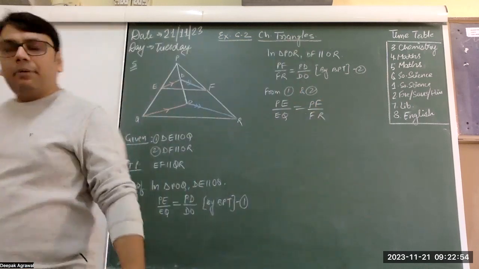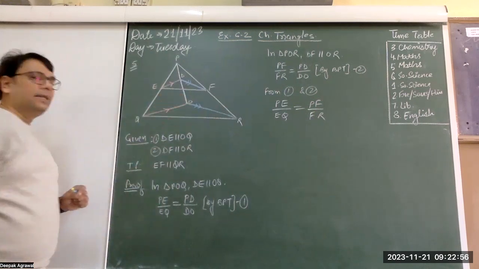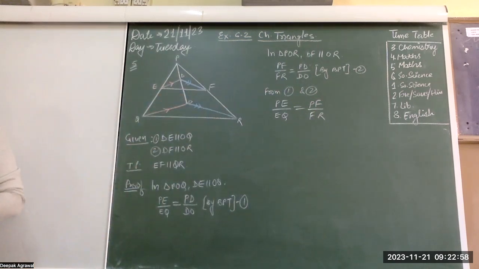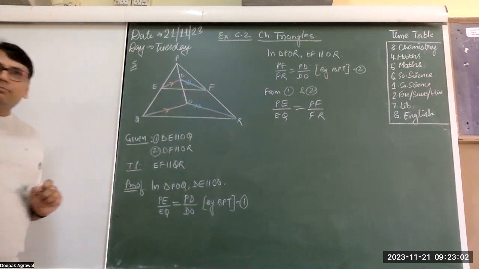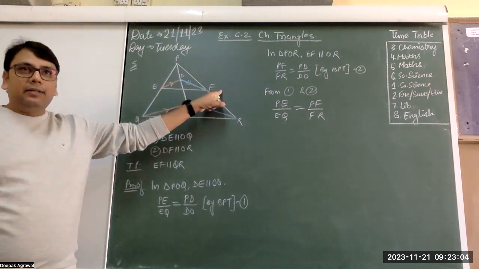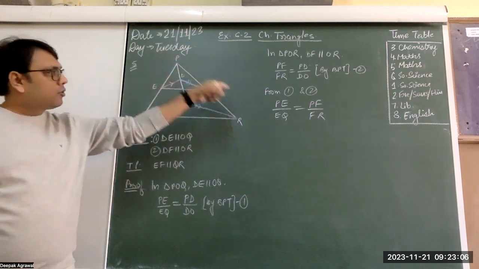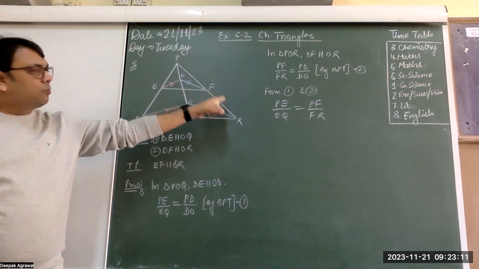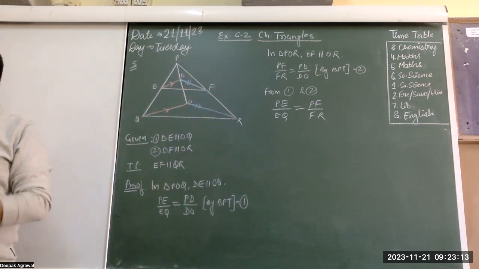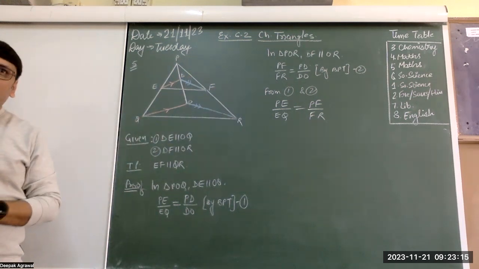Now just forget about these pink and blue lines. Forget all those lines. See EF. If we concentrate only on EF, then EF is a line which divides the two sides of a triangle in the same ratio. PE upon EQ is equal to PF upon FR. What does the converse of BPT say?